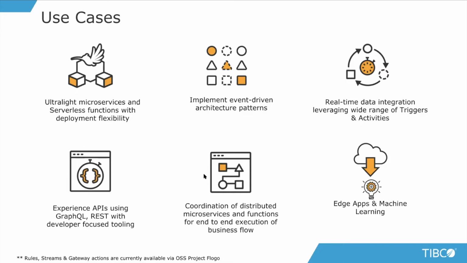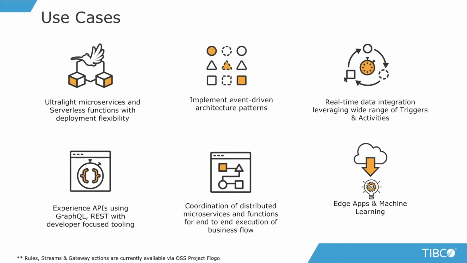With the flows capabilities of Flogo, you can also use it for orchestrating interactions between distributed microservices as well as serverless functions for implementing end-to-end business flow. So Flogo also gives you flexibility to not just orchestrate APIs or microservices, but also orchestrate serverless functions like AWS Lambda.